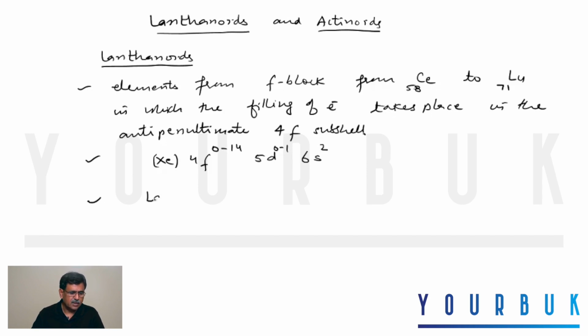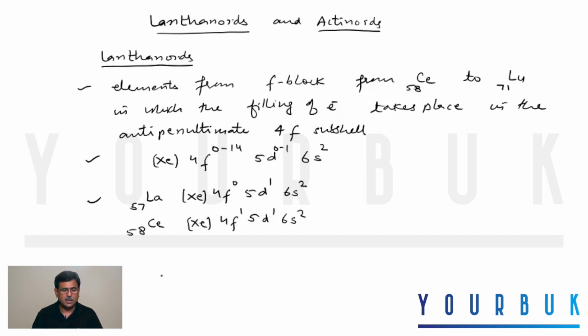Lanthanum, atomic number 57, is xenon 4f0, 5d1, 6s2, so there is no electron in the 4f subshell. Three more important electronic configurations: the next element, cerium 58, is xenon 4f1, 5d1, and 6s2.